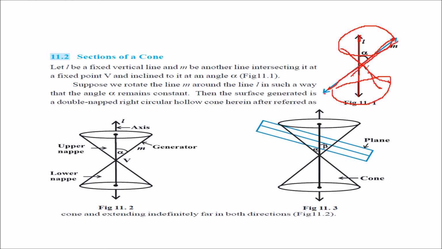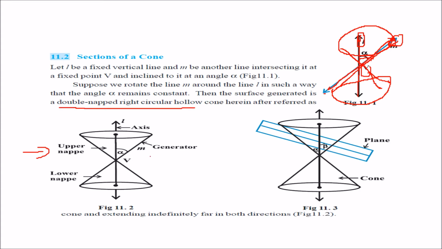So you have a fixed line L, another line M, intersecting at point V. M and L are making an angle alpha. When we rotate this in such a way that it keeps making alpha, it generates a double-napped right circular hollow cone.